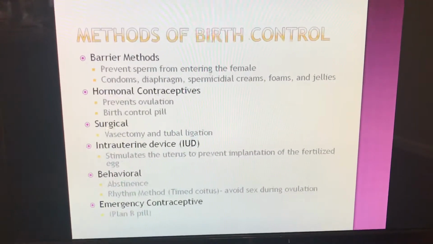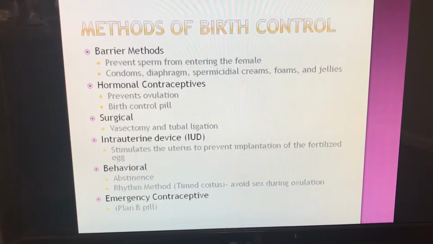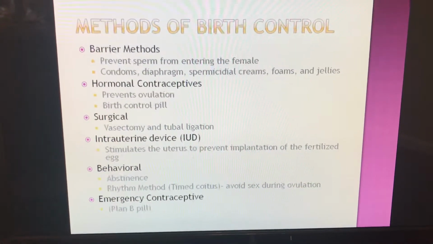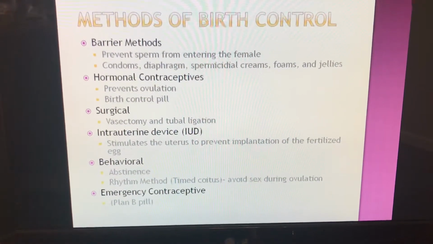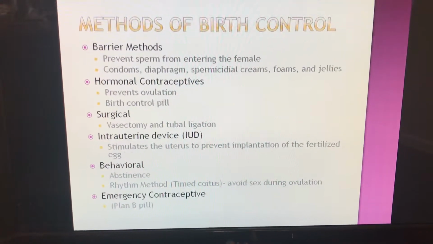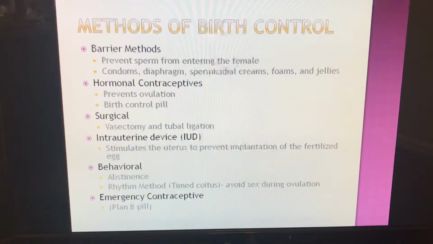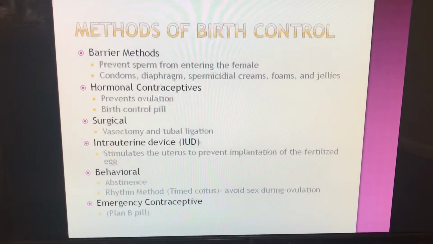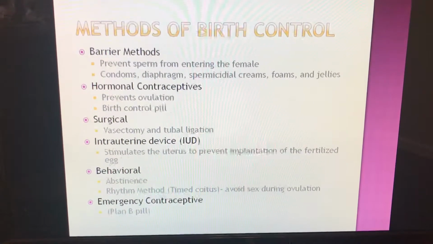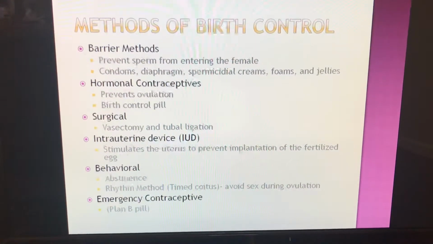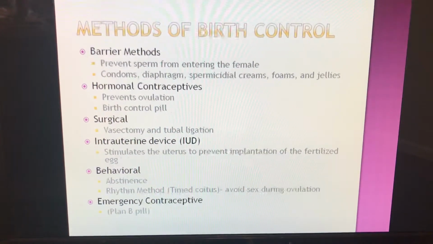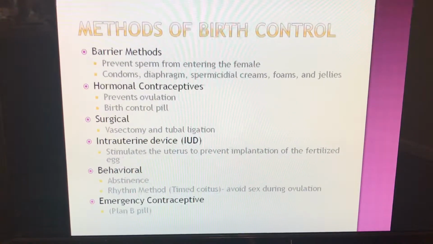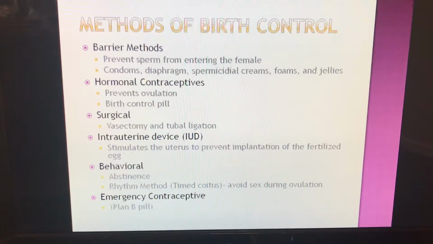Next is methods of birth control. You have barrier methods. These prevent sperm from entering the female, such as condoms, diaphragms, spermicidal creams, foams, and jellies. Hormonal contraceptives prevent ovulation. This is your birth control pill. You have surgical methods such as the vasectomy for men and the tubal ligation for women.